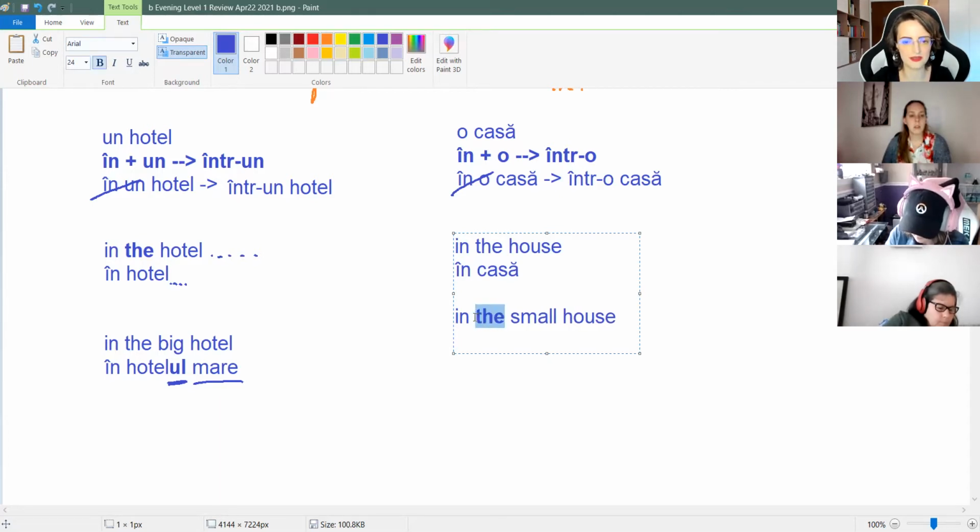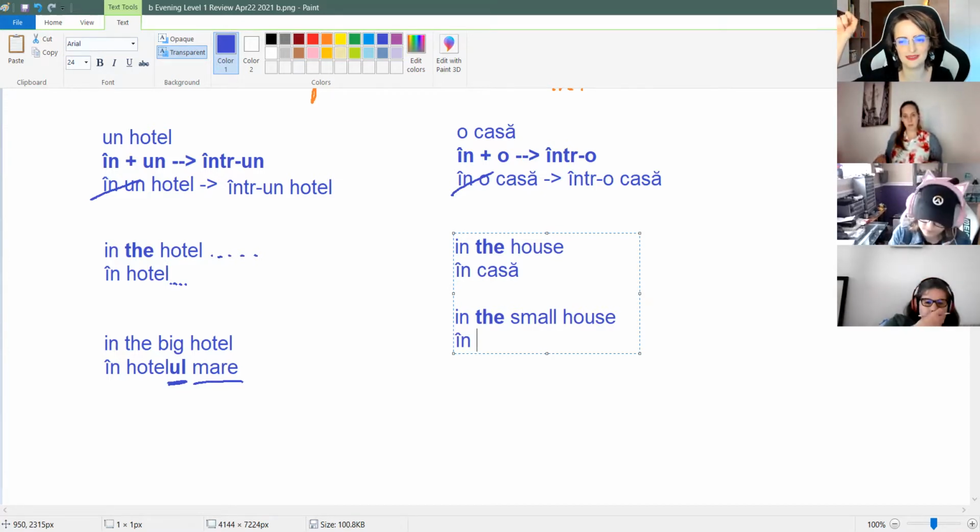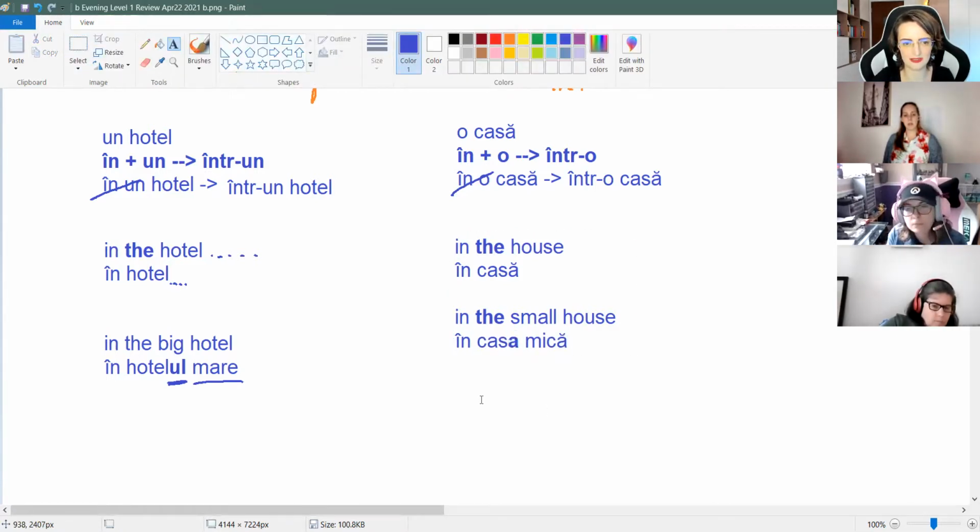How do you say in the small house? În. And now you need to say the house. Drop the a from the end. Casa. În casa mică. See? So now it has a definite article. Good, we are almost done.